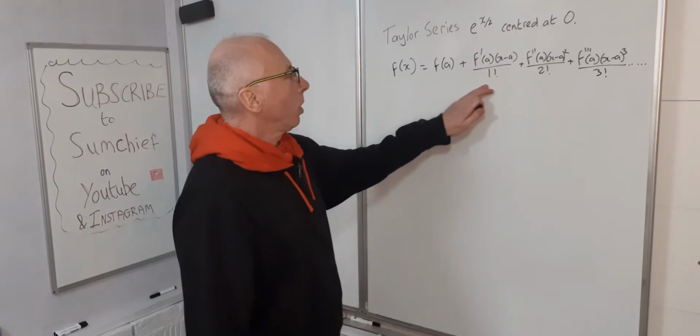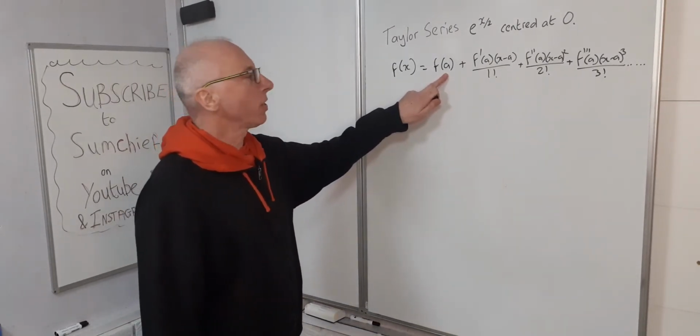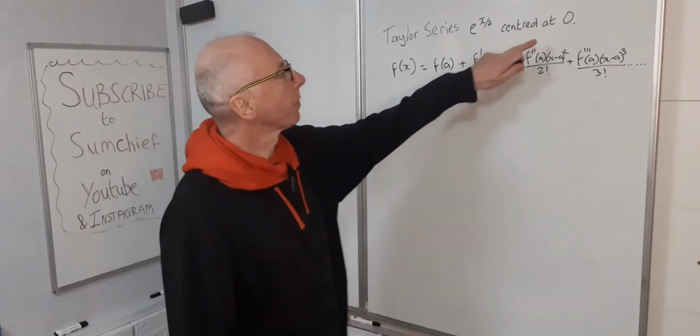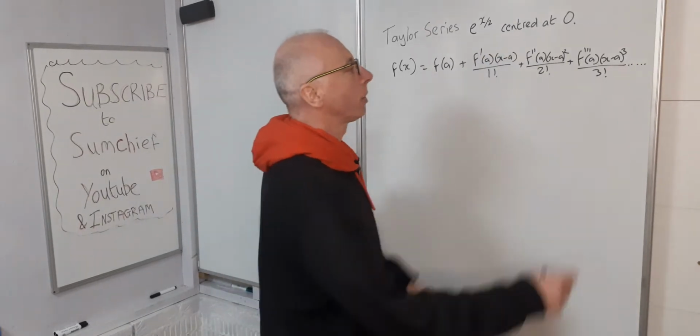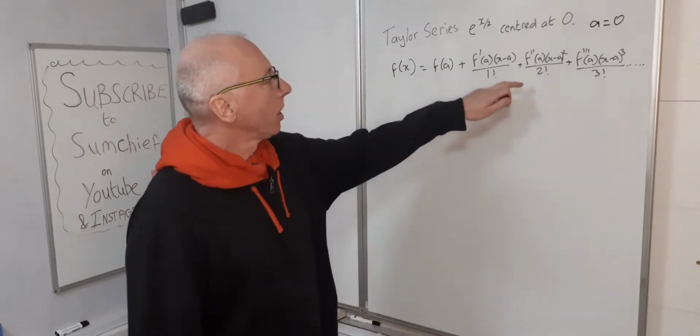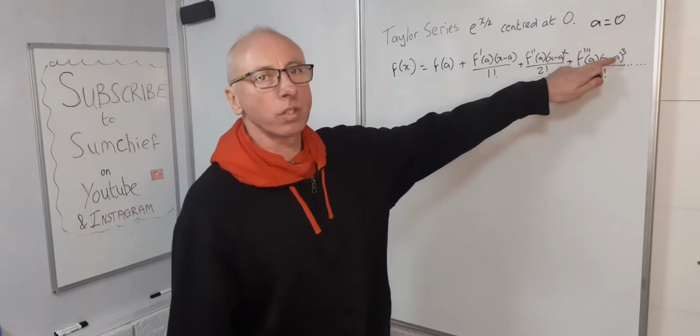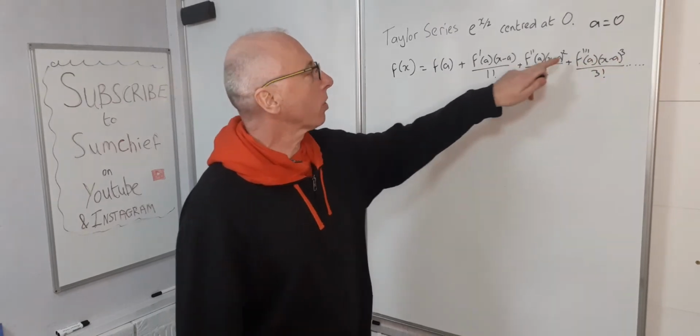So just to explain what all these are, a is the value where we're going to centre our approximation. In this question it's at 0, so we've got a equals 0. Now all these terms, x minus zeros, just cancel out and become x cubed, x squared, x.